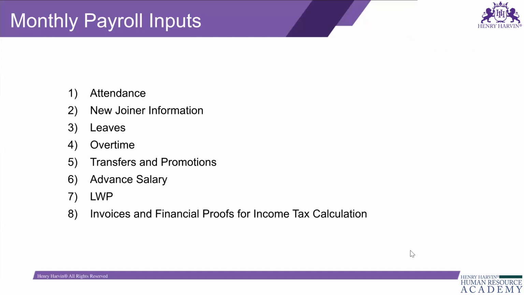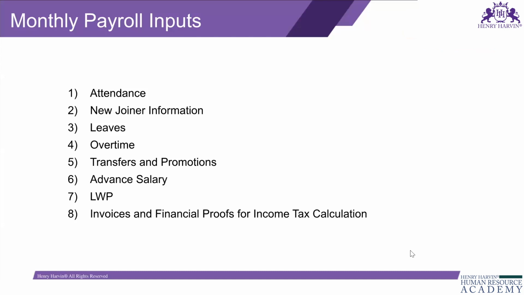So if the employee is eligible for leave, say for example, 2 employees are there. A employee is eligible for leave, B employee is not eligible for leave. A employee will be taking leave and their CL will be deducted.